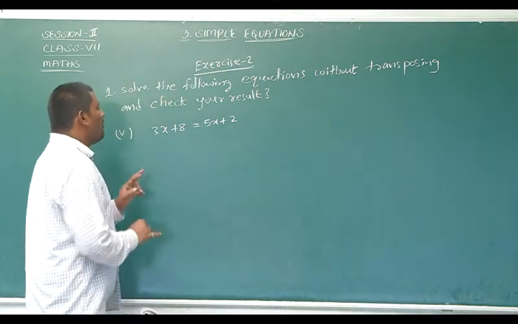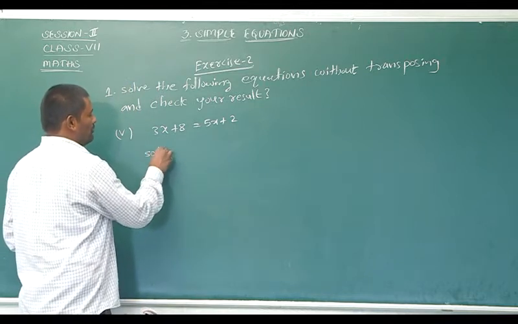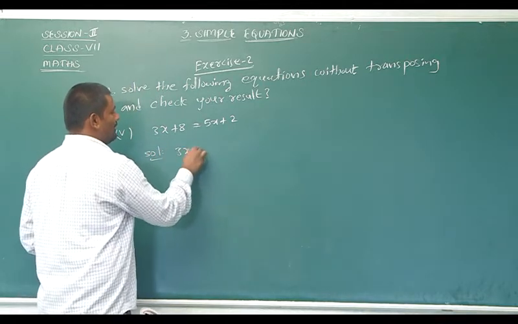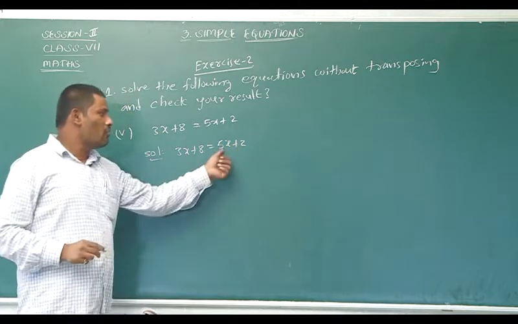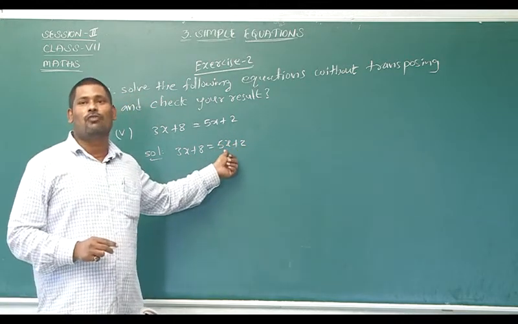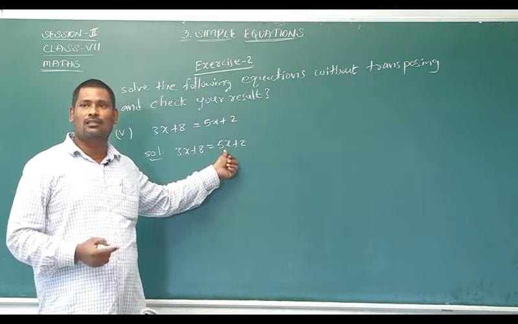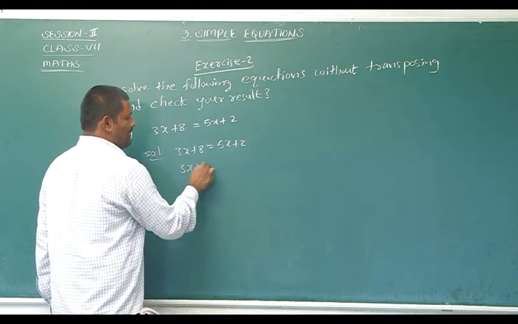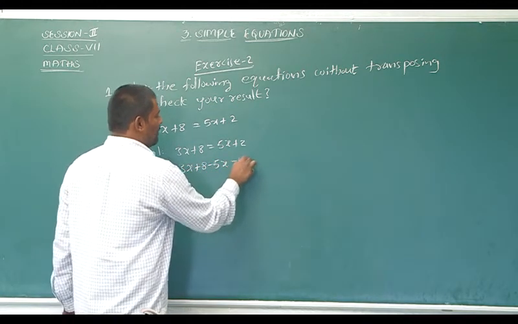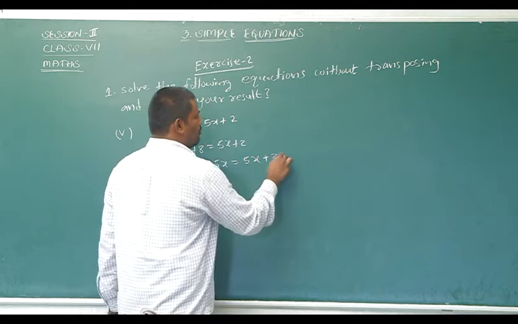Look here now. The solution: 3x plus 8 equal to 5x plus 2 is given to us. First I want to remove this 5x, so I subtract 5x on both sides. 3x plus 8 minus 5x equal to 5x plus 2 minus 5x.